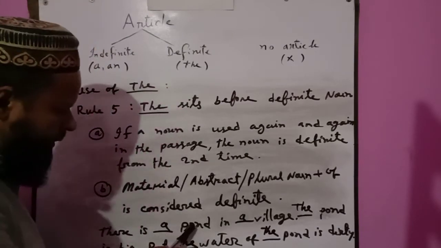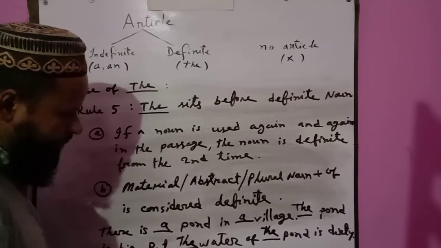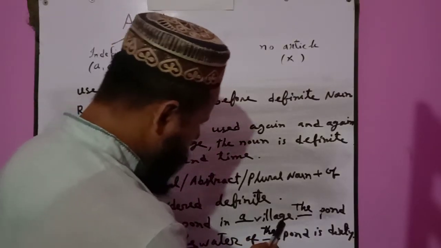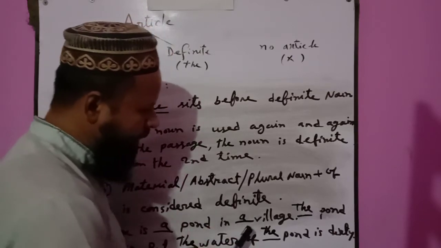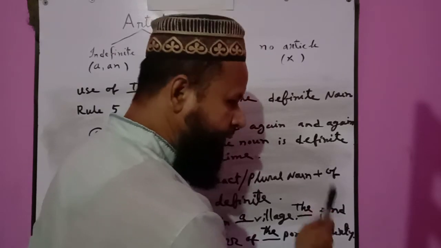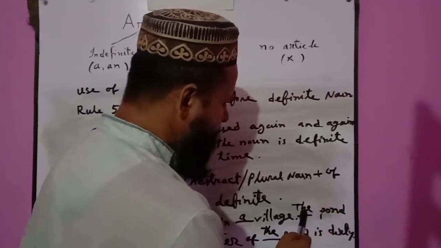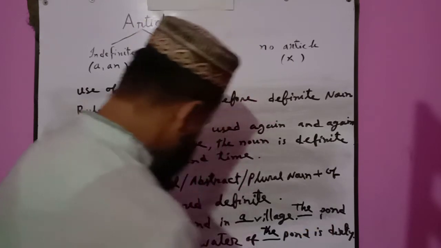The word pond for the first time is indefinite, so a. Village for the first time, so indefinite noun a. But this pond comes for the second time, it is a definite noun. So we use the before definite noun.